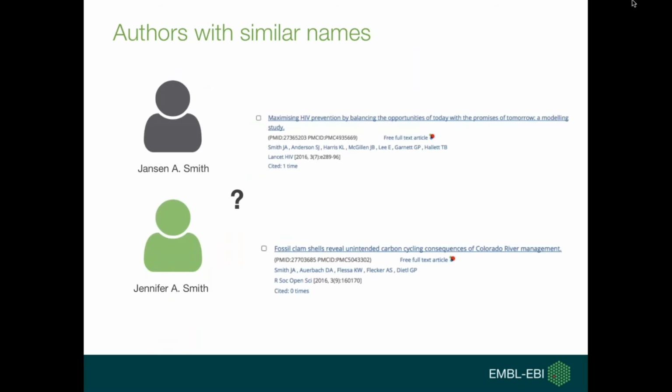I'm gonna just briefly highlight what it is and why it is important. You probably know that it's really difficult to search for authors that have similar names because the results will not distinguish whether this is a researcher from University of Amsterdam that works on HIV versus a researcher from University of Göttingen working on fossils.